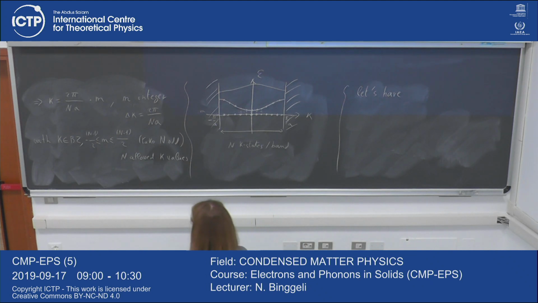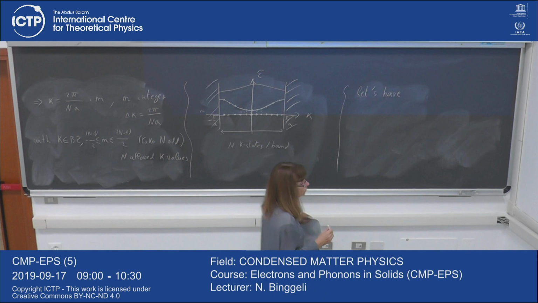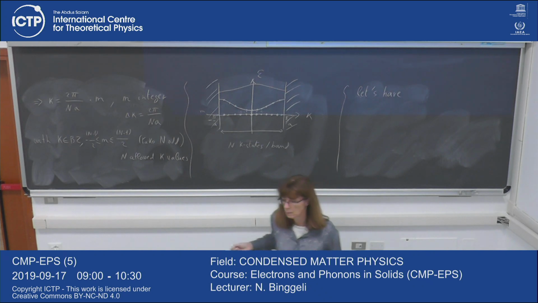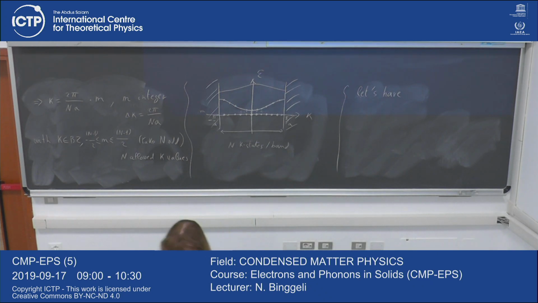So we consider a finite piece of crystal and we impose this boundary condition, which is a rather soft boundary condition, because then I know that I have a certain number of electrons per unit cell. This is imposed by the chemistry, the atoms I have in my unit cell, and from there I will be able then to fill the bands.